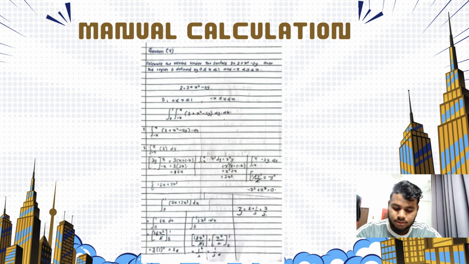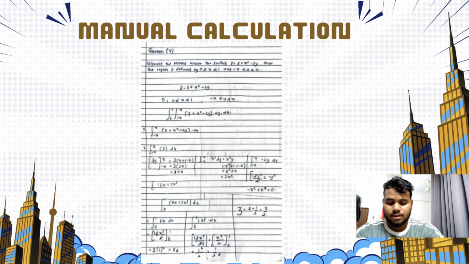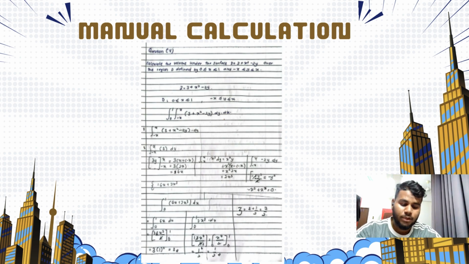We integrate two parts, one is 6x, another is 2x cubed. For the integral of 6x, we get 3, and for the integral of 2x cubed, we get 1 over 2. So we add both answers, and the final answer we get is 7 over 2.